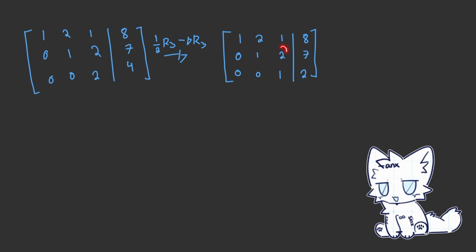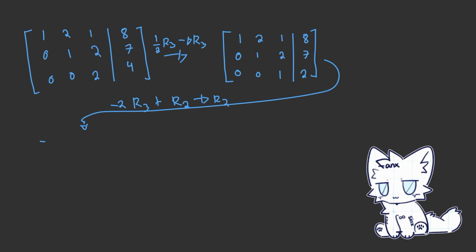Now we just want to get rid of these. So let's start from row 3. We can multiply row 3 by, what? By -2. And then we add it to row 2. And that gets us our new row 2.